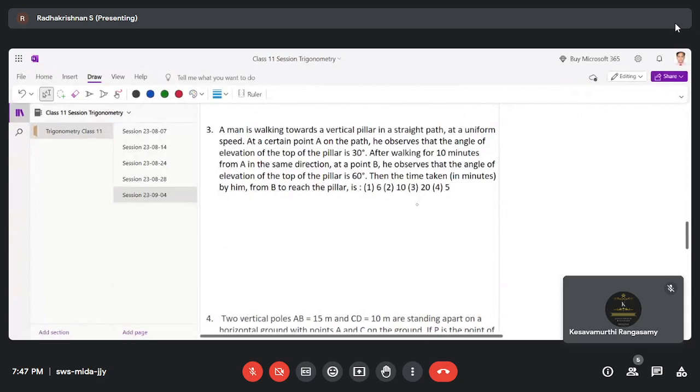So there's a pillar. So there is a point A. So let us say this is XY.